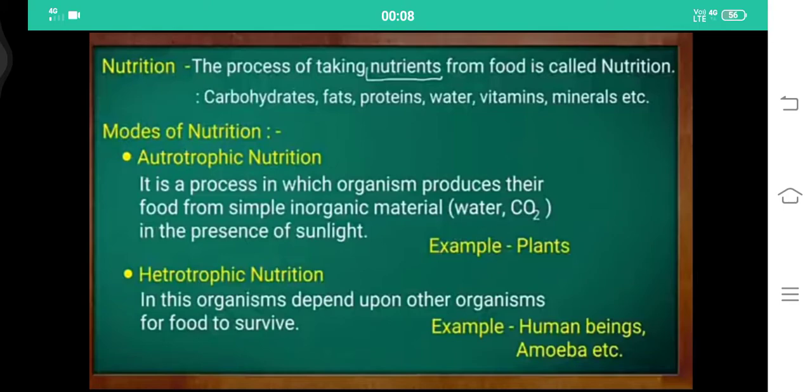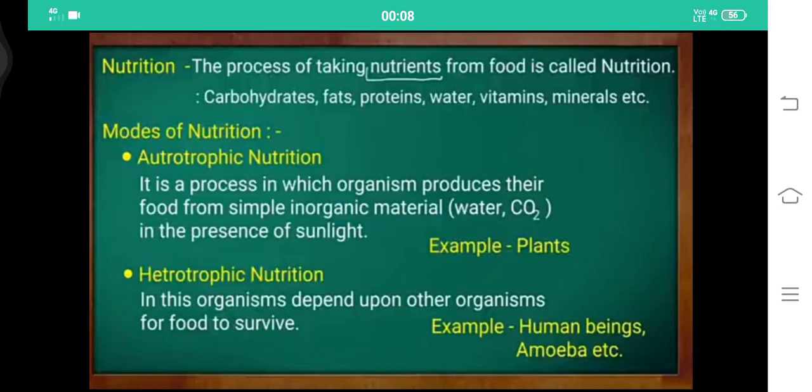There are two types of nutrition: autotrophic nutrition and heterotrophic nutrition. What are autotrophic nutritions? Auto means self. Tropha means preparation. Autotrophs. Who are autotrophs? 100% plants are autotrophs. What is the main difference between plants and animals?